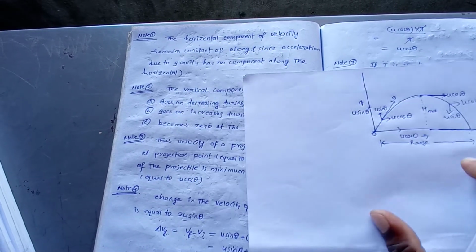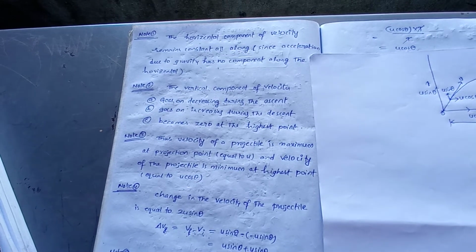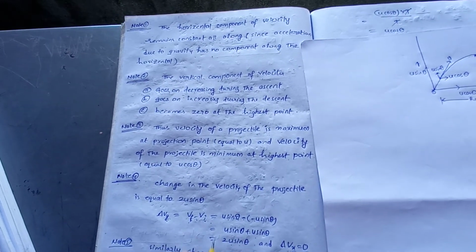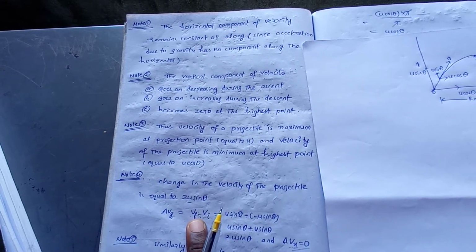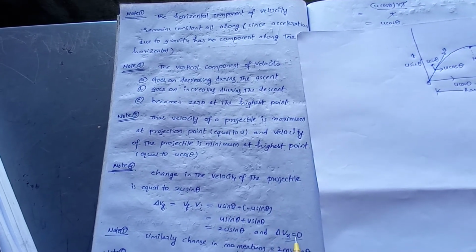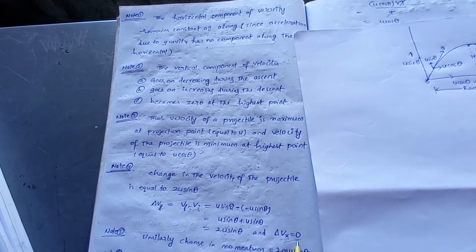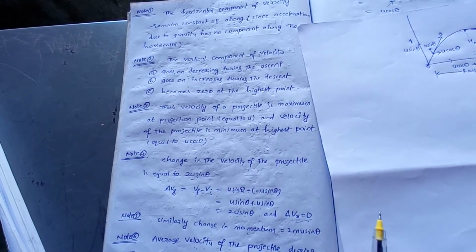If you subtract these two, we get the change in velocity. Here we are talking about only the vertical component of velocity, but the change in horizontal component of velocity is zero. Why is it zero? There is no change in horizontal velocity. That's why delta Vx is equal to 0.